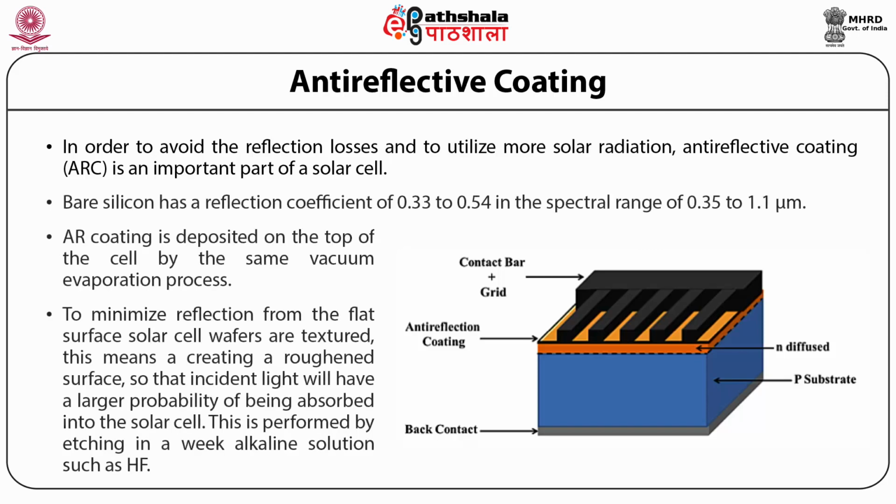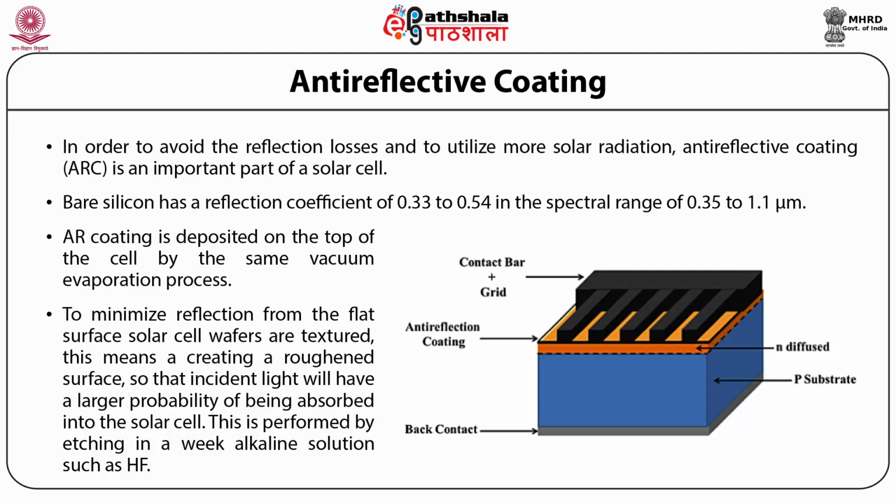Since the bare silicon has a reflection coefficient of 0.33 to 0.54 in the spectral range of 0.35 to 1.1 micron, the ARC helps in reducing the reflection losses and in lowering the surface recombination velocity.